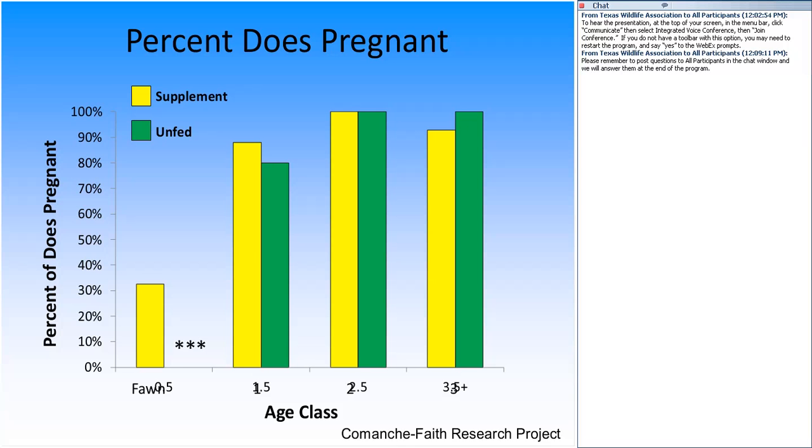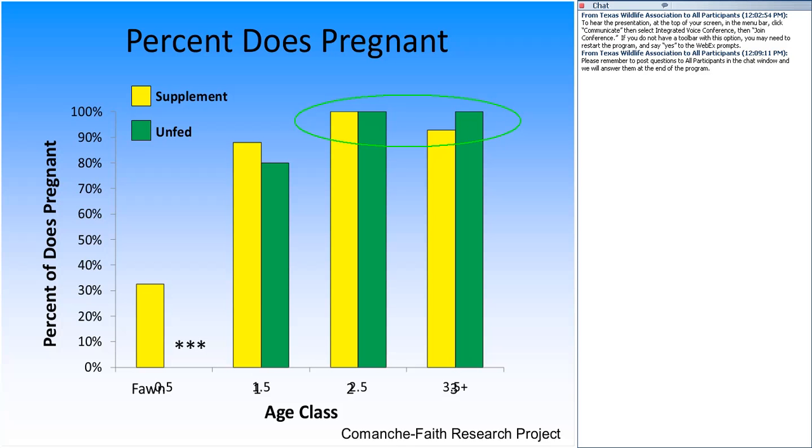And what you can see right off is that 2 and more mature does, 3+-year-old does, had 90 to even 100% pregnancy rate. So whenever we got our hands on a doe in the spring, we would see if she's pregnant or not. And again, just like the Parks and Wildlife data suggests, nearly all these does are pregnant, all these mature does.